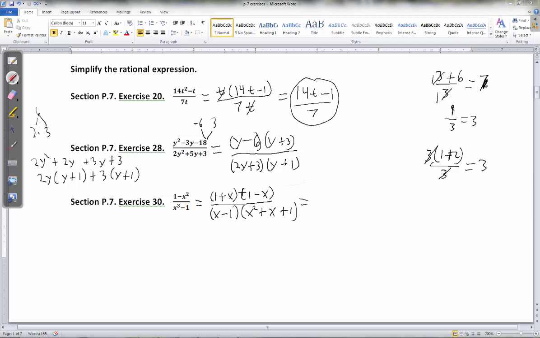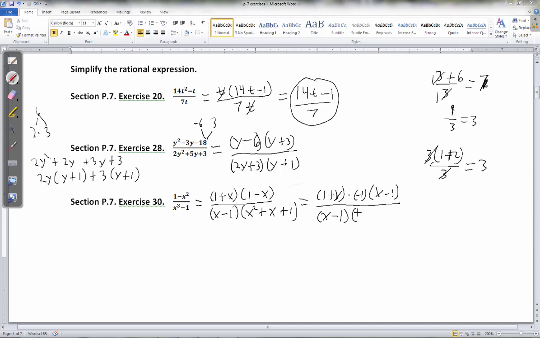So I'll say factor a negative 1 out of the one on the top. So 1 plus x, then I factor a negative 1 out of that one. I'll reorganize the terms so it's the same order. X minus 1. I flipped both signs. Negative x became positive x. Positive 1 became negative 1.